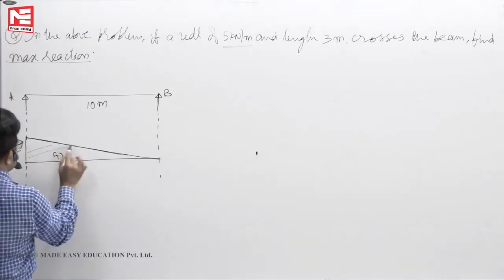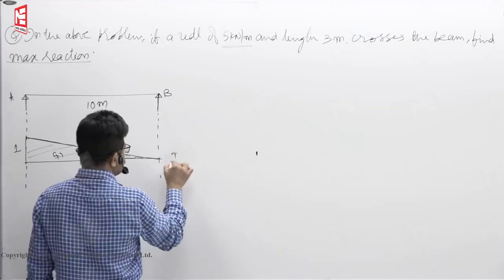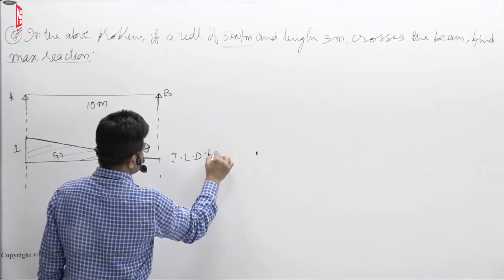This is the influence line diagram for VA.